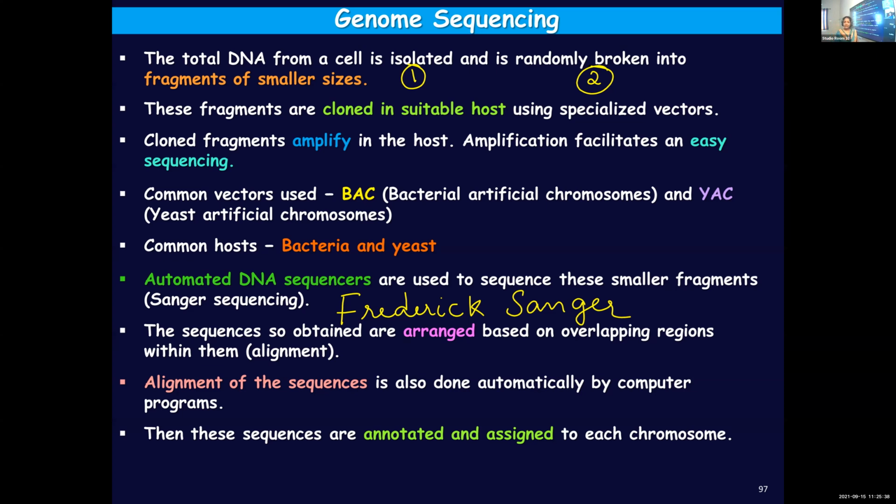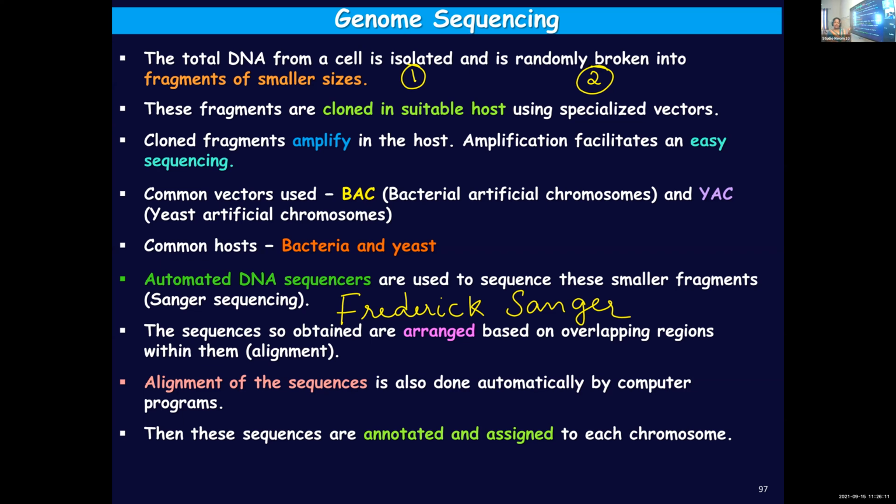Then once these sequences are amplified, next step is to sequence them, to find out the order of nitrogen bases present in them. That is done with the help of machines known as automated DNA sequencers. We call this method Sanger sequencing also, because this works on the principle of a method suggested by Frederick Sanger.